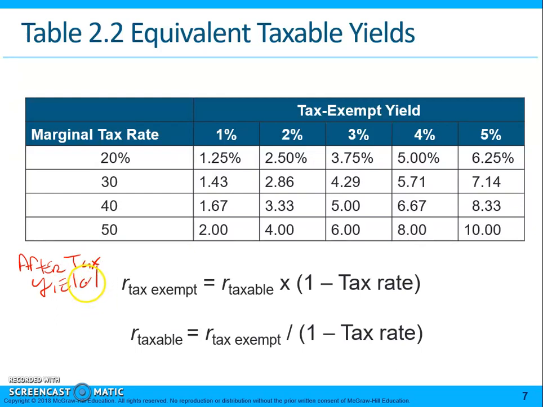Sorry, that should be a D. And then the taxable calculation, converting from tax exempt to taxable, the taxable equivalent yield is equal to the tax exempt rate divided by 1 minus the marginal tax rate. Make sure you always use marginal.